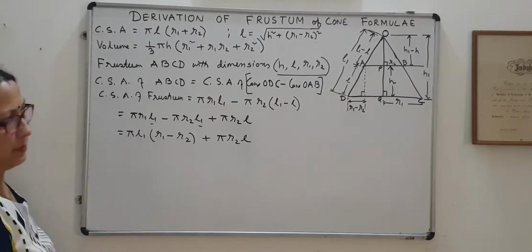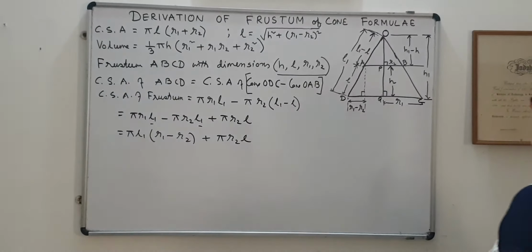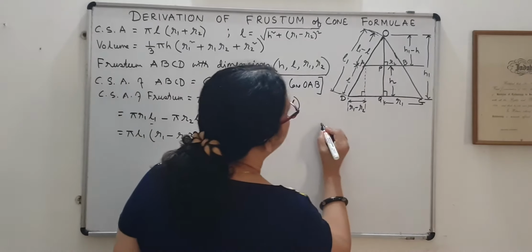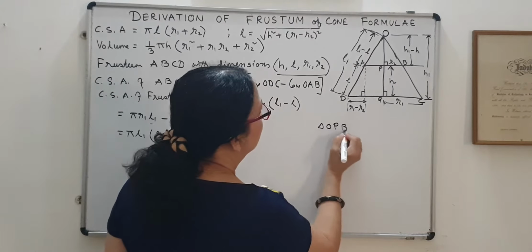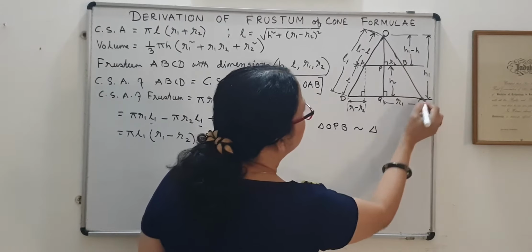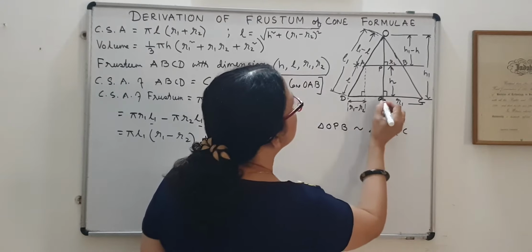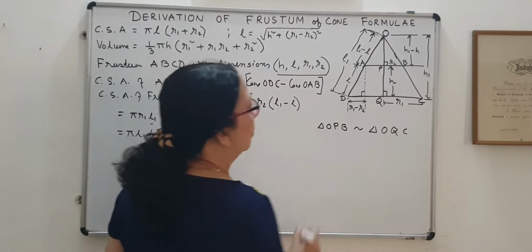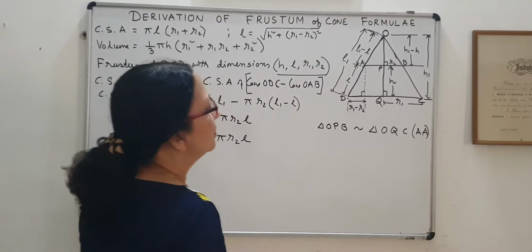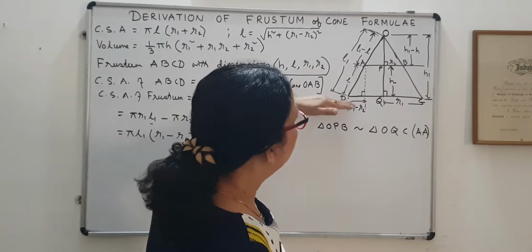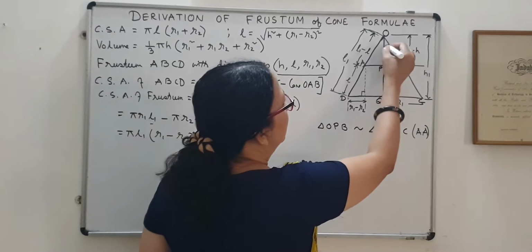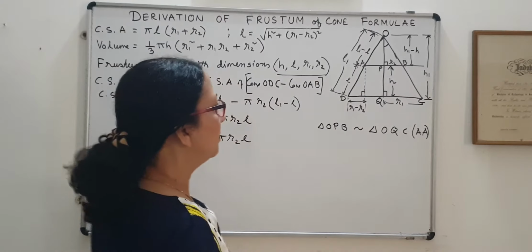So for that what I will be doing? Here I have to use the similarity of triangle concepts. So as you see, triangle OPB will be similar to triangle OQC, and you know how, it is by angle criteria, because this AB is horizontal to the base, so this is 90, this is 90, and this angle will be common. So by AA they are similar.